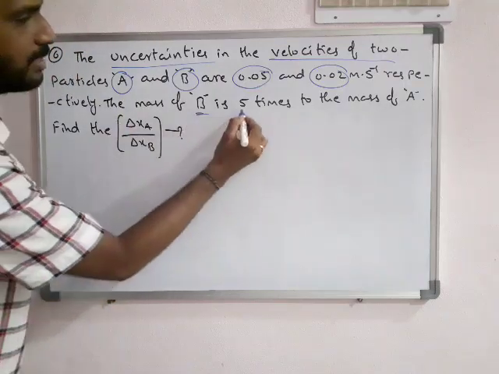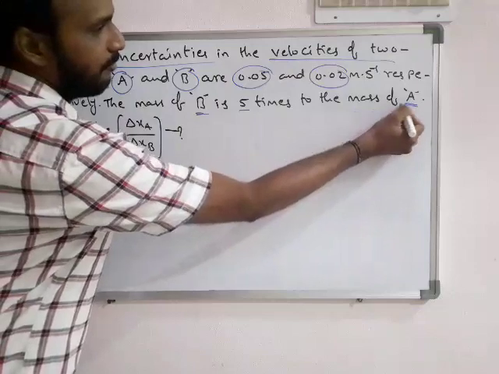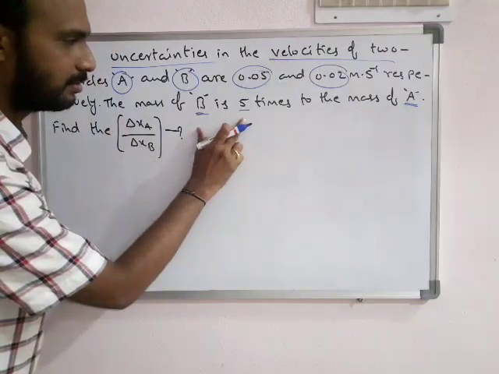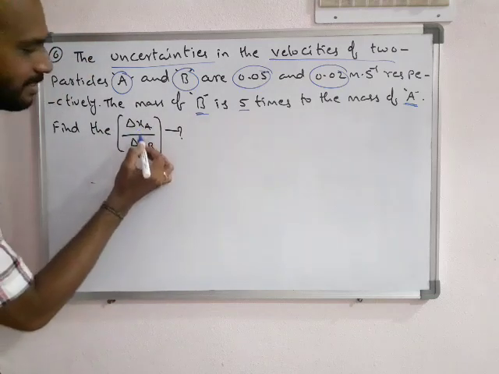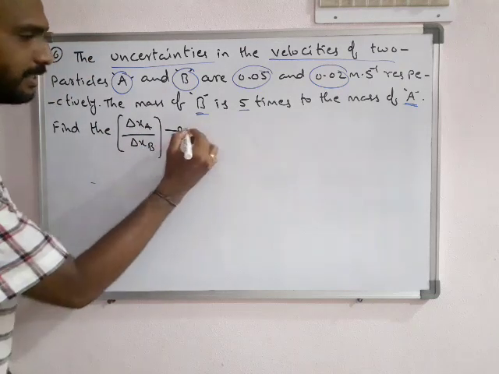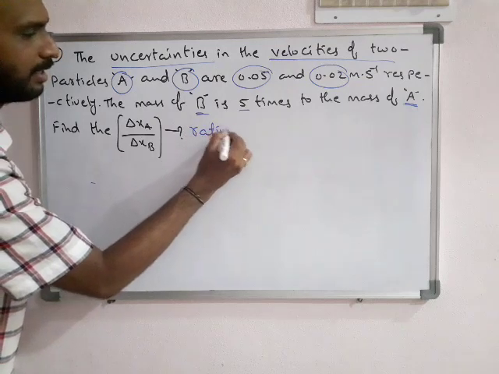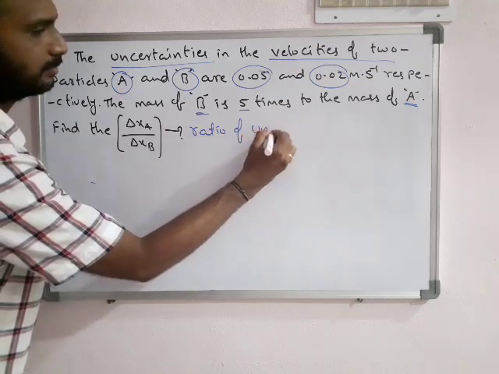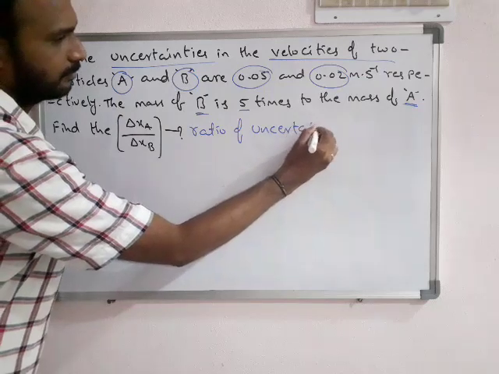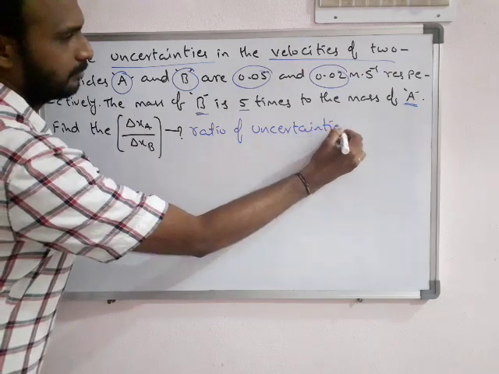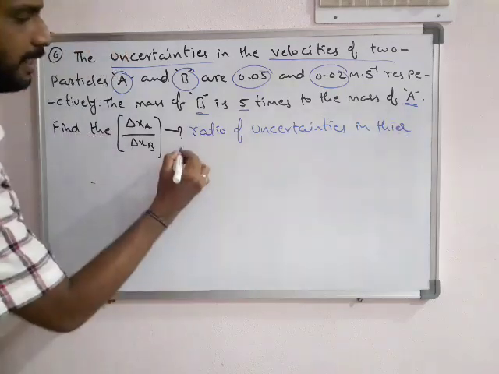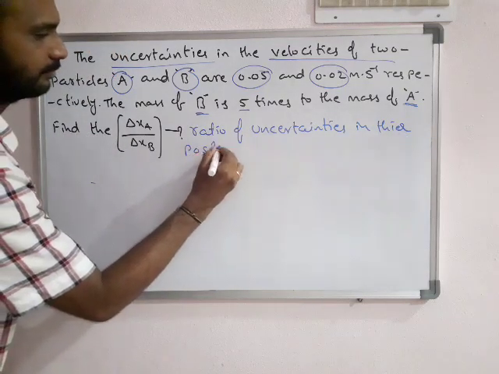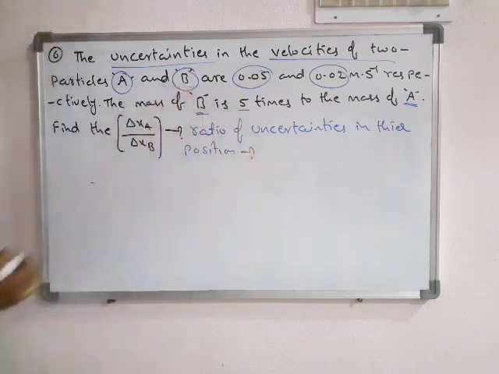So the mass of B is 5 times the mass of A, means mass of B is 5 times greater than A. So find the delta XA by delta XB. We need to find the ratio of uncertainties in the position.